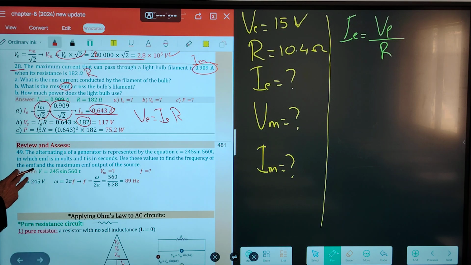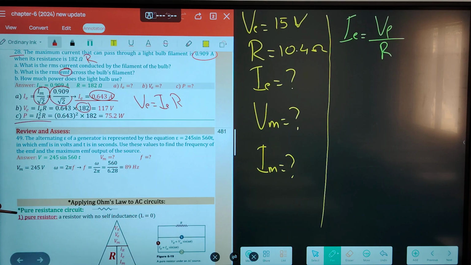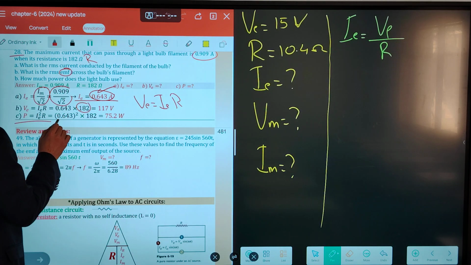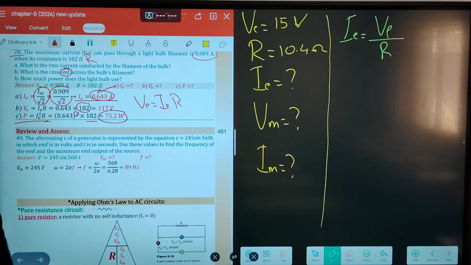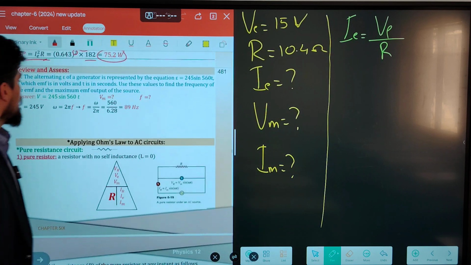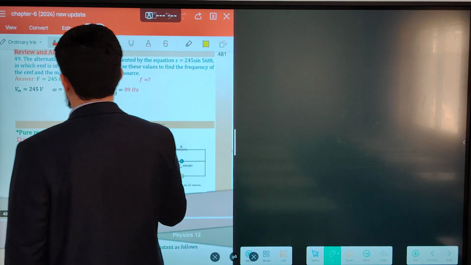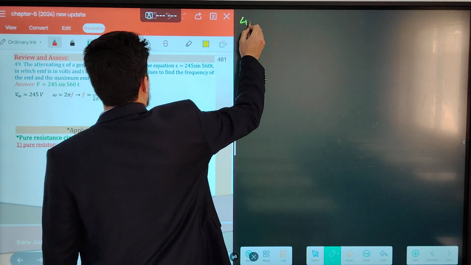How much power does the light bulb use? Power dissipation, IE squared R. Do we have IE? Yes, 0.643 squared times R. This is power dissipation.